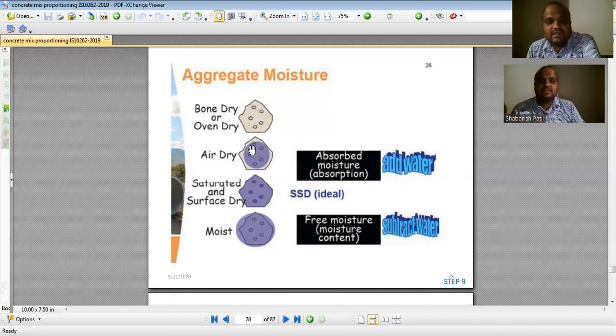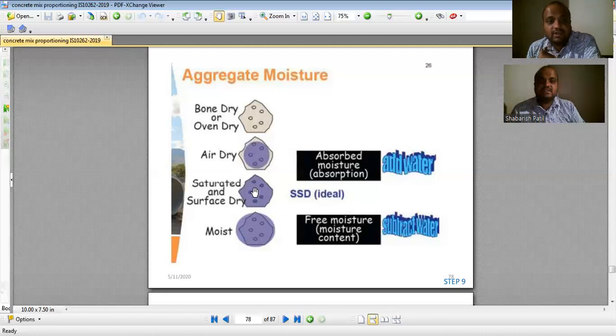In some cases, cavities will be filled with water, but on the outer periphery we don't have any surface water. That is the air dry condition. Here your aggregate still has the capability to absorb water, because the surface is dry.